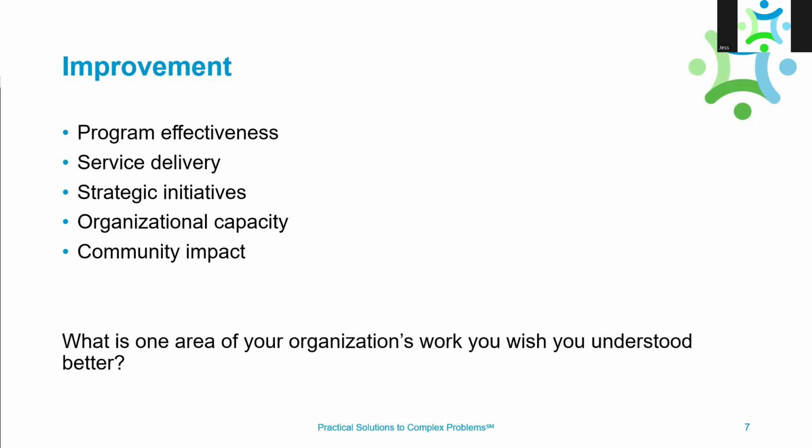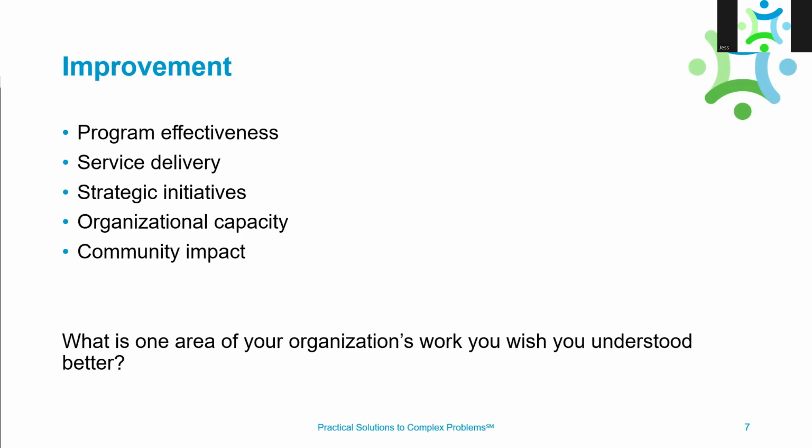When you are talking to your coalition, your board members, your stakeholders, when you are talking about maybe looking for an evaluator, a key thing to keep in mind is: what is one area of your organization's work you wish you understood better? We all have that, especially if you were to go out and ask your stakeholders, your board members, even just your regular organization members.